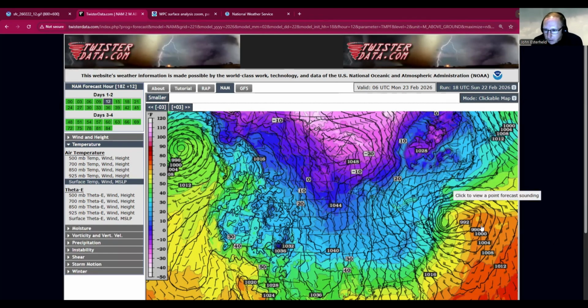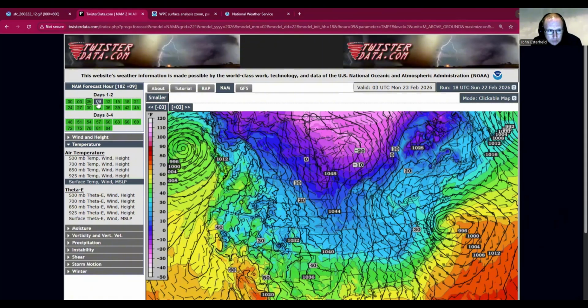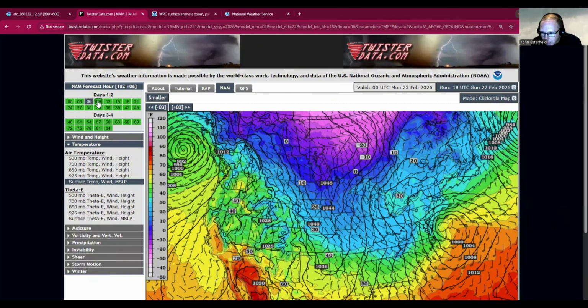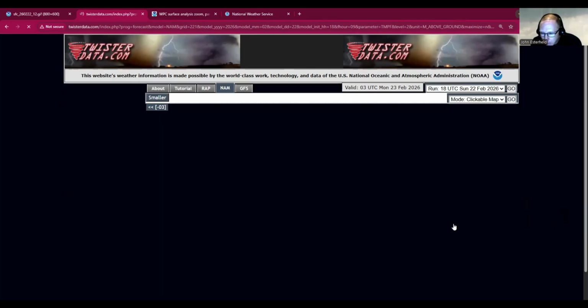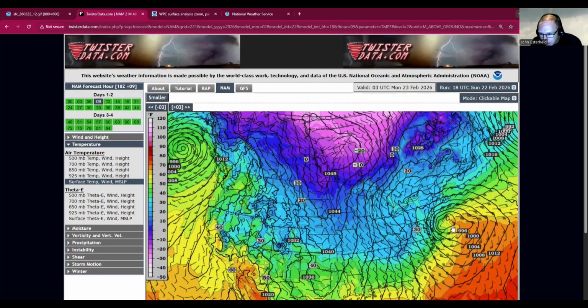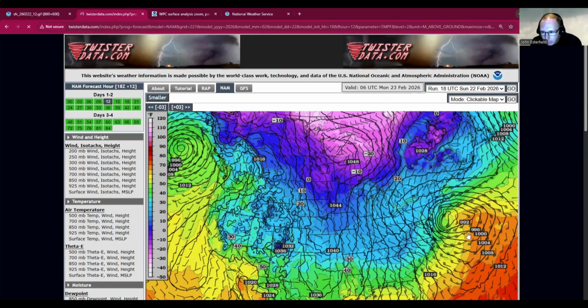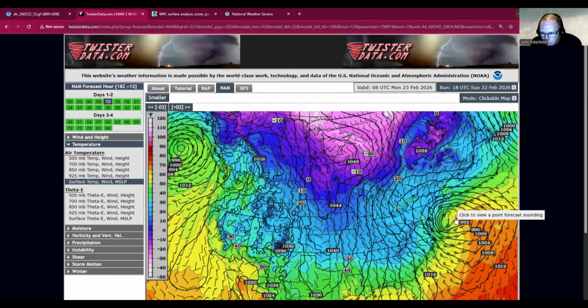And then you can see here, it's really getting strong over that 6-hour period from 6 p.m., just under 996. Then you go from 996 to 992 to 988 millibars right there in the center of that little circle. This is a 984 contour.